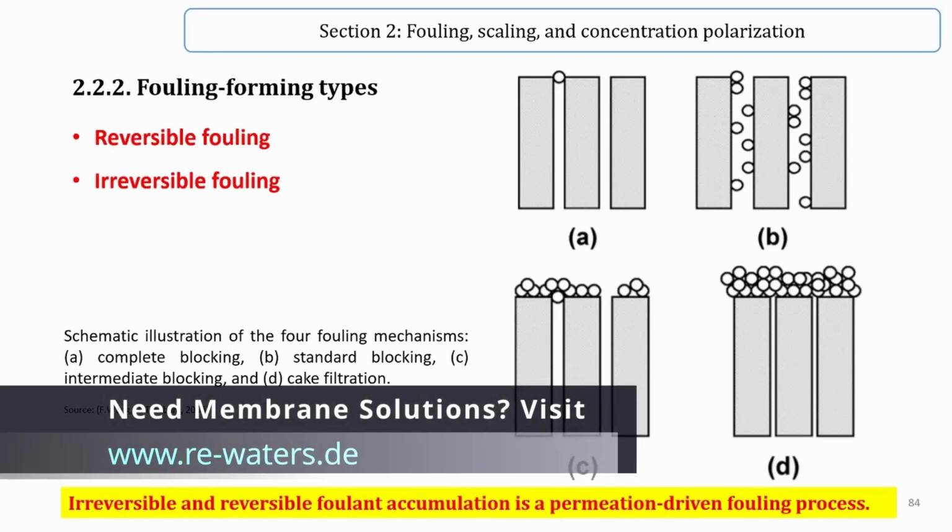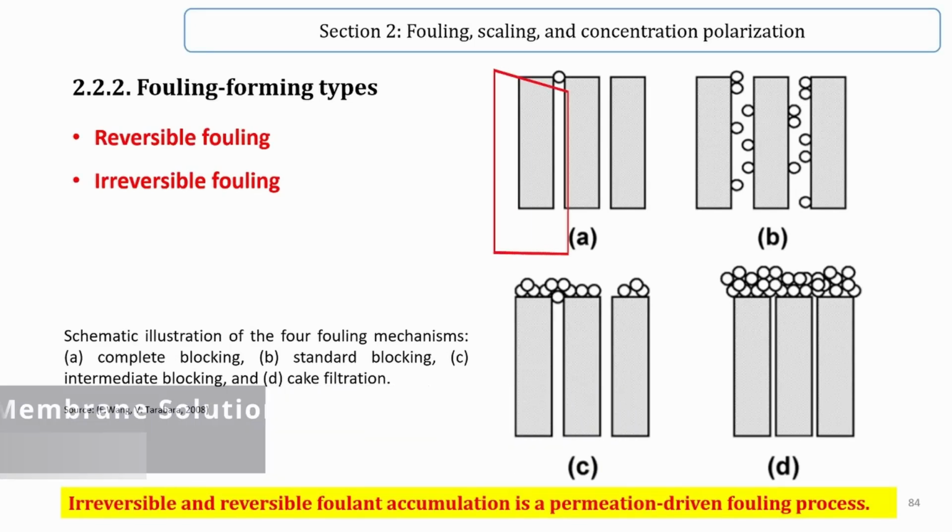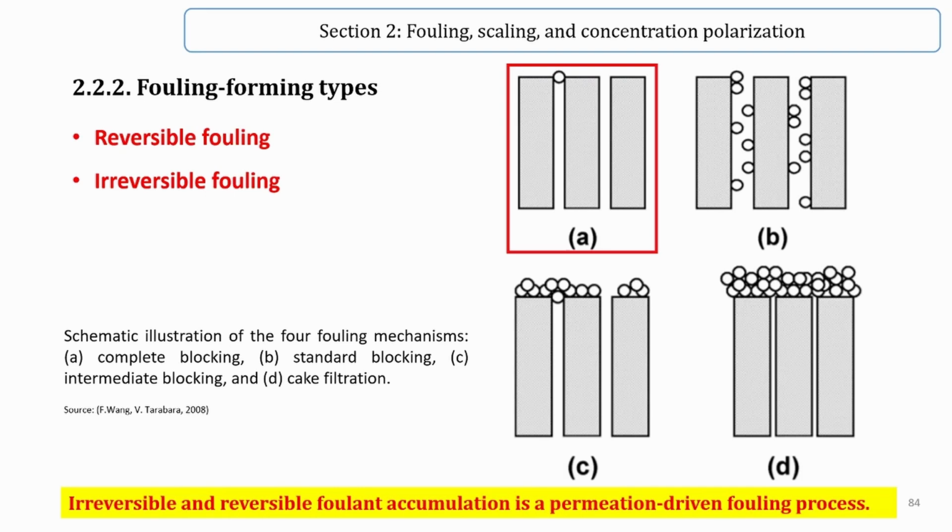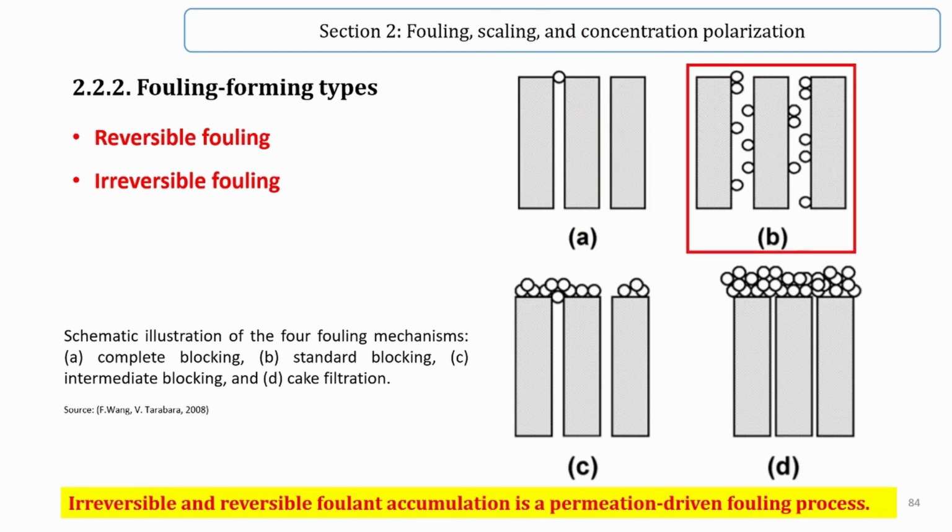Fouling forming types. For the complete blocking, it is assumed that each particle reaching the membrane blocks a pore without superimposing over other particles. For the standard blocking, it is assumed that particles deposit within pores and the pore volume decreases proportionally to the volume of deposited particles.